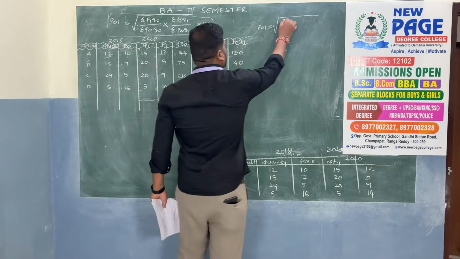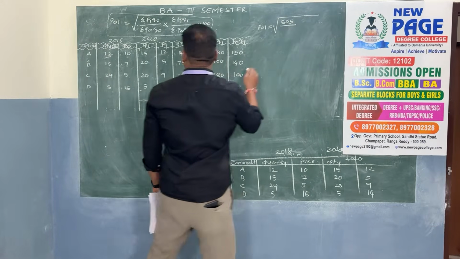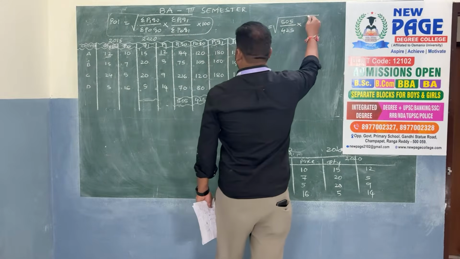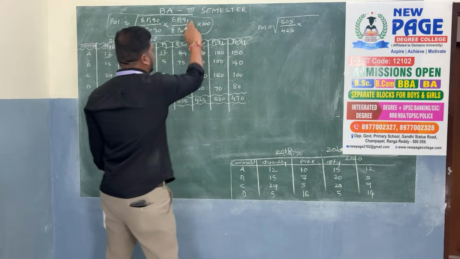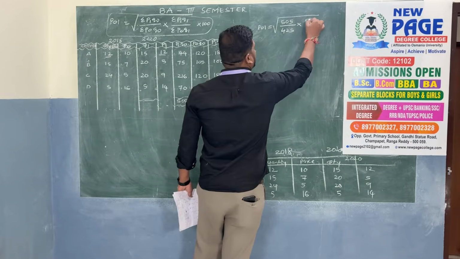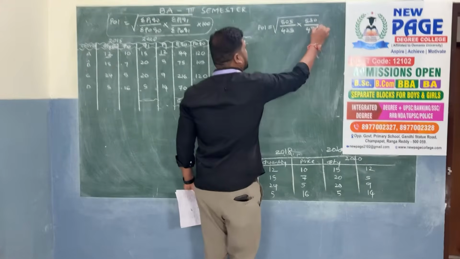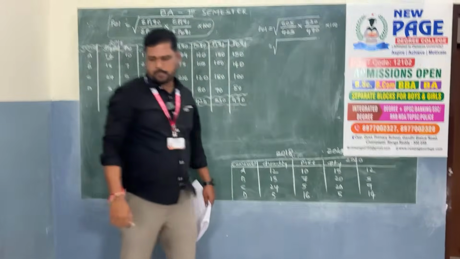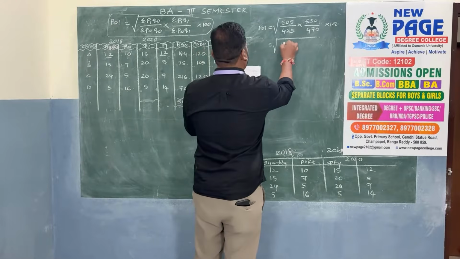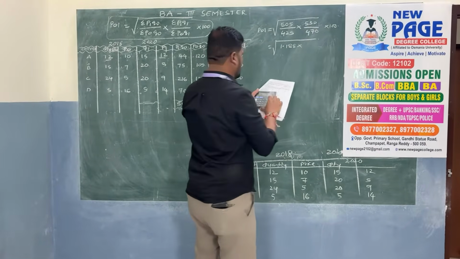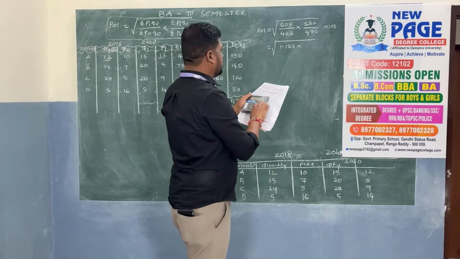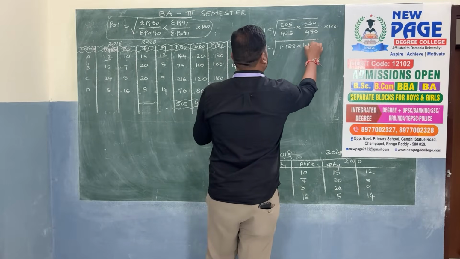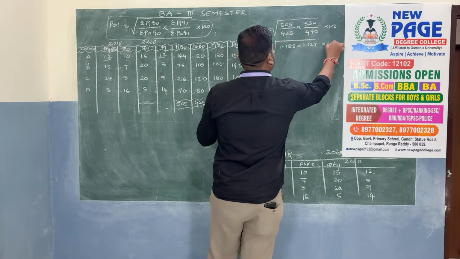Applicable in the formula: P01 is equal to under root of sigma P1 Q0, which is 505, divided by sigma P0 Q0, which is 425, into sigma P1 Q1, 530, divided by sigma P0 Q1, 470, into 100.